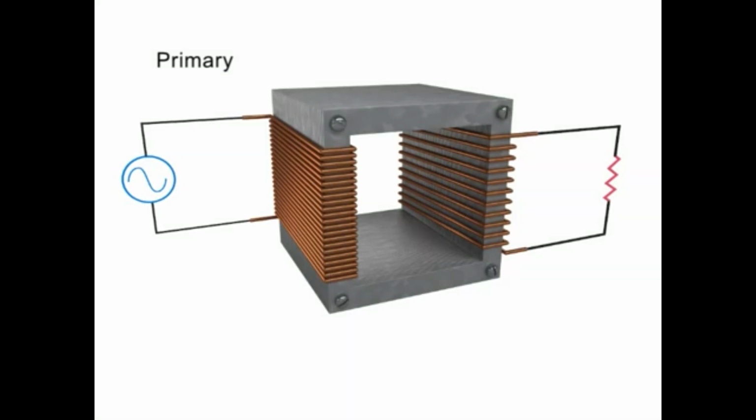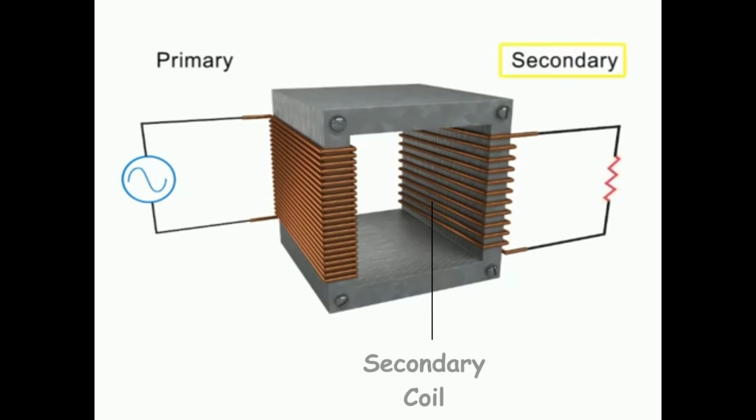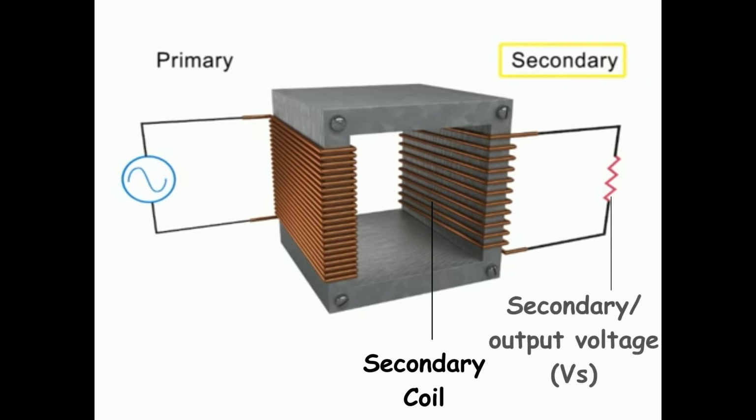The other coil which is connected to the electrical equipment or resistor is called the secondary coil. The voltage across the secondary coil is called the secondary voltage, which is also known as output voltage, represented by the symbol Vs.